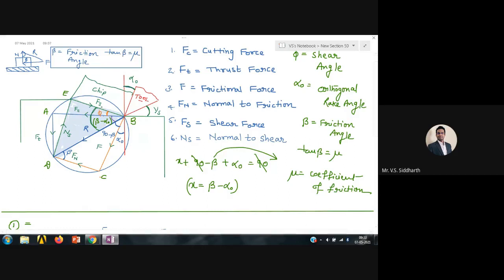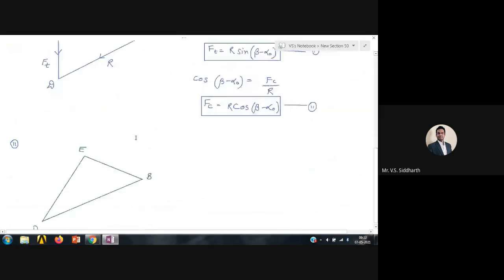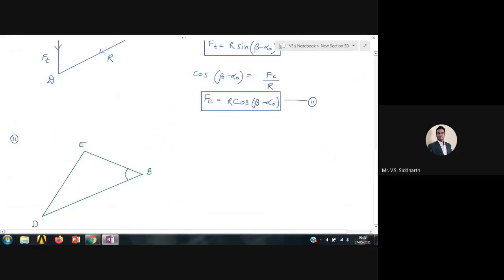That whole angle, what will it be? I call it phi plus beta minus alpha naught. Confirm. Good.